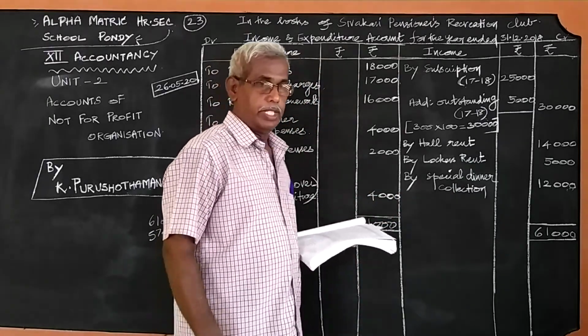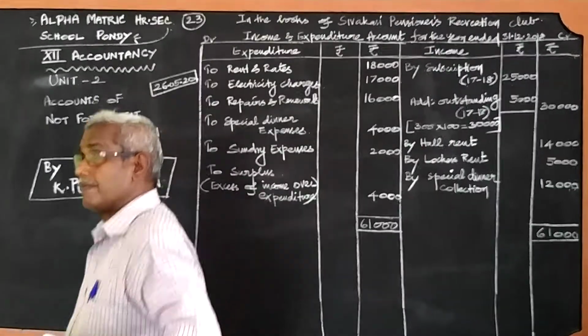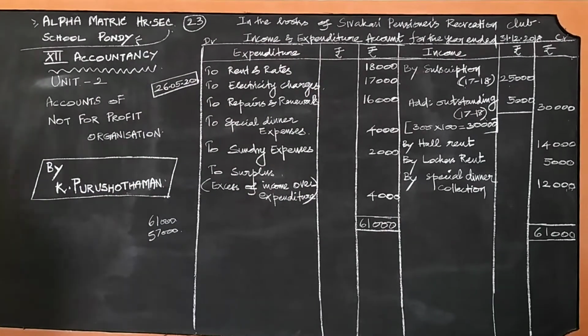Once again I repeat it. In this problem we are supposed to prepare income and expenditure account and balance sheet. What we can prepare under this chapter, accounts of not-for-profit organization.